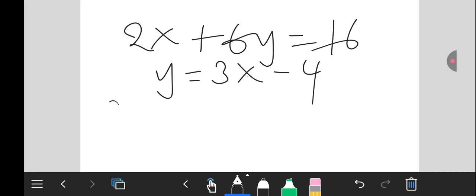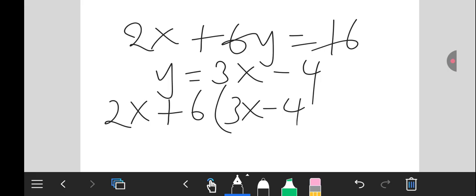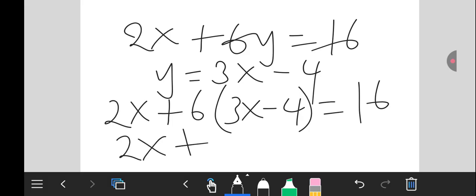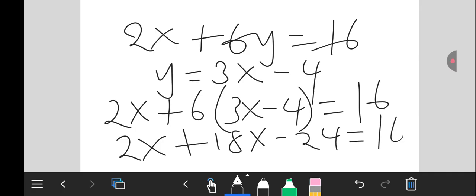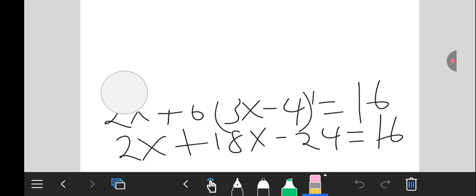So where there is y, we substitute 3x minus 4: 2x plus 6 times 3x, that is simply 18x. Then 6 times negative 4 is simply negative 24, is equal to 16. So this was what we were supposed to have.